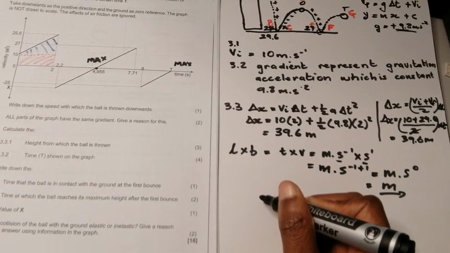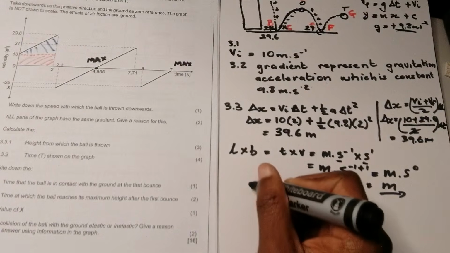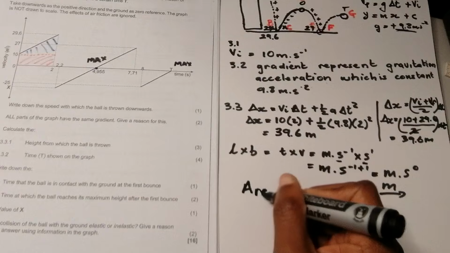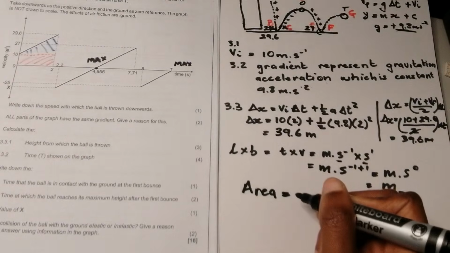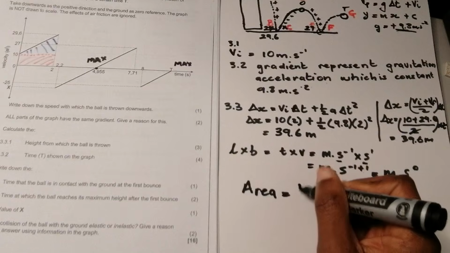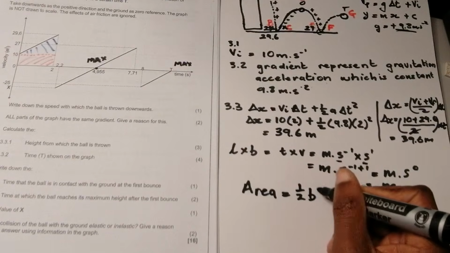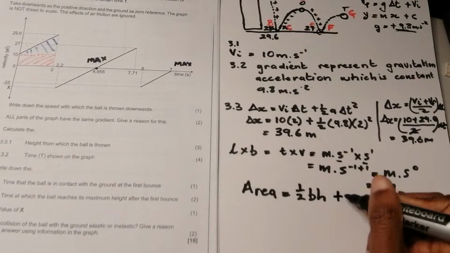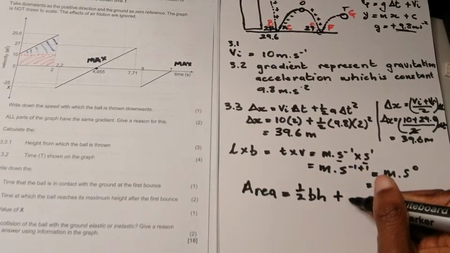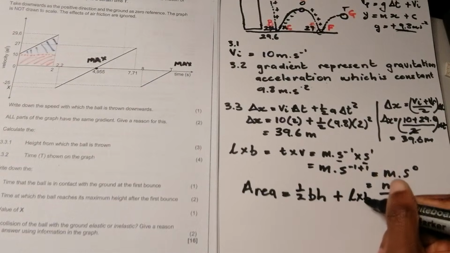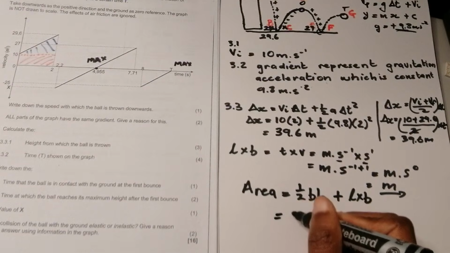To do the very same thing, I'm going to say the area underneath the graph is, for the triangle, half base times height, plus that rectangle there, which is length times breadth. Sorry for that mix up.